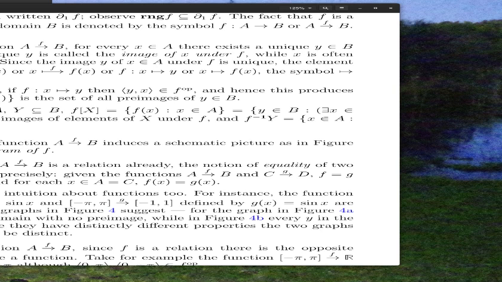Not only people like you who are new to this formal treatment, but even very established mathematicians like Lagrange and others had this problem, that every function should have a formula.